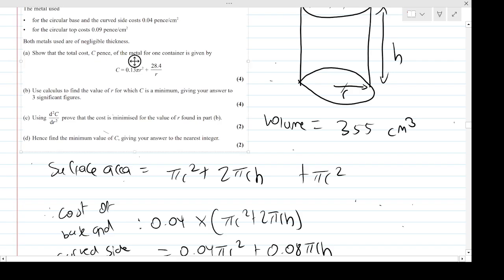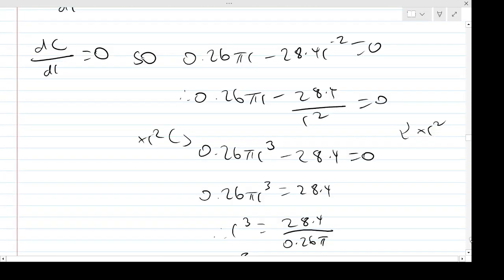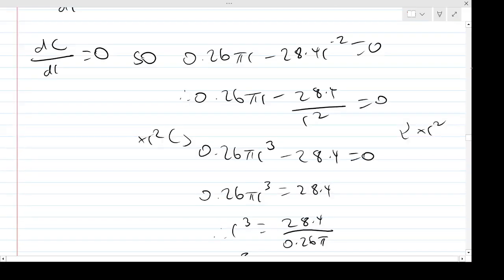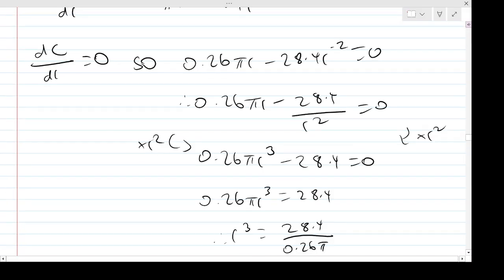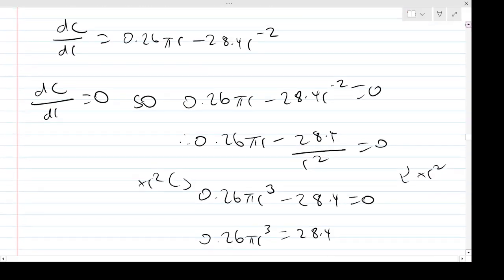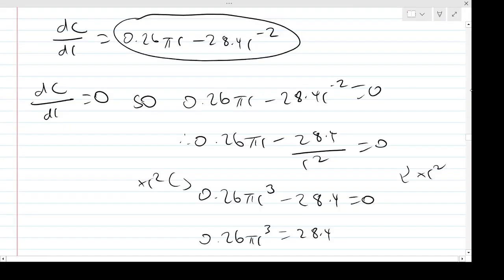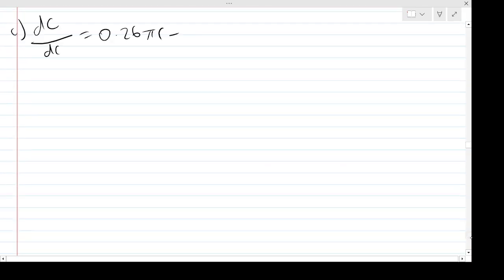If we're going to do that, I need to find the second derivative. I remind you, the first derivative which we calculated was this expression here, 0.26 pi r take away 28.4 r to the minus 2.